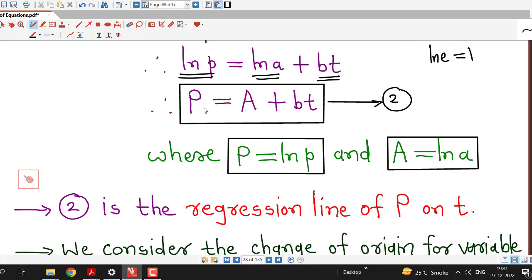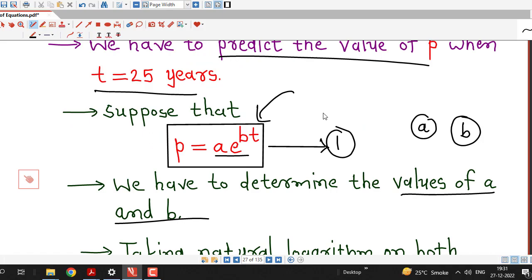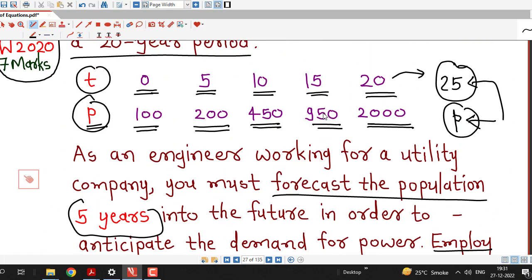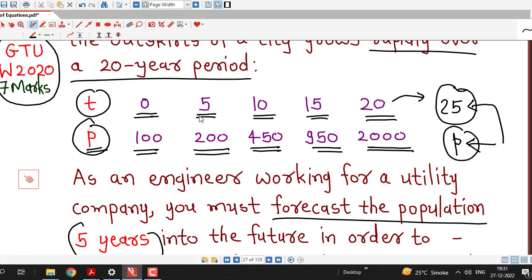So we can write down the normal equations for this regression line, and by solving normal equations we can obtain values of capital A and small b. But you can see in the given data we have these values of t are 0, 5, 10, 15, 20, and for normal equations we have to square these values and multiply them with these population values also.